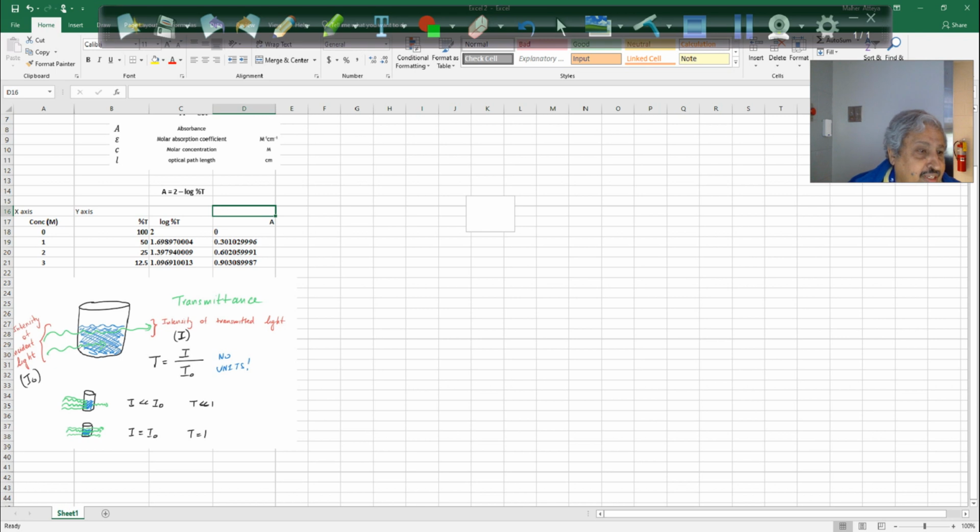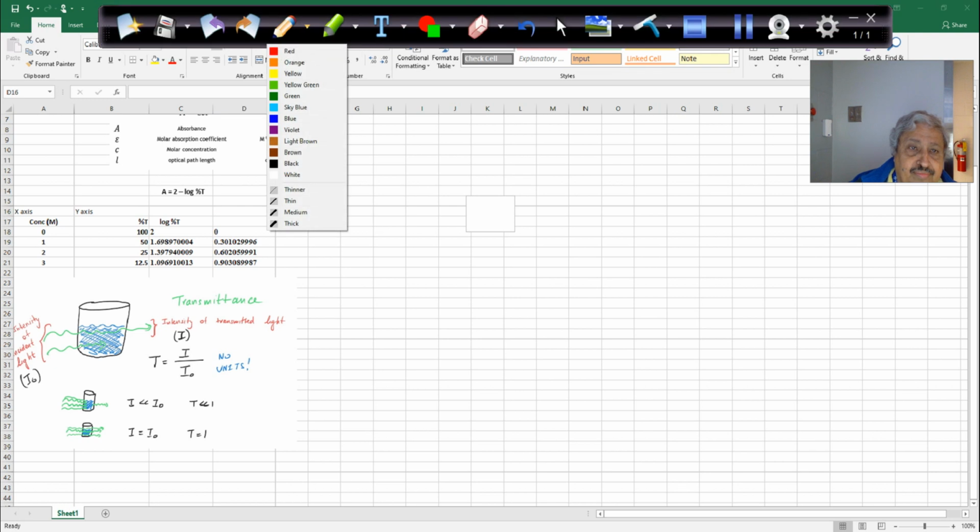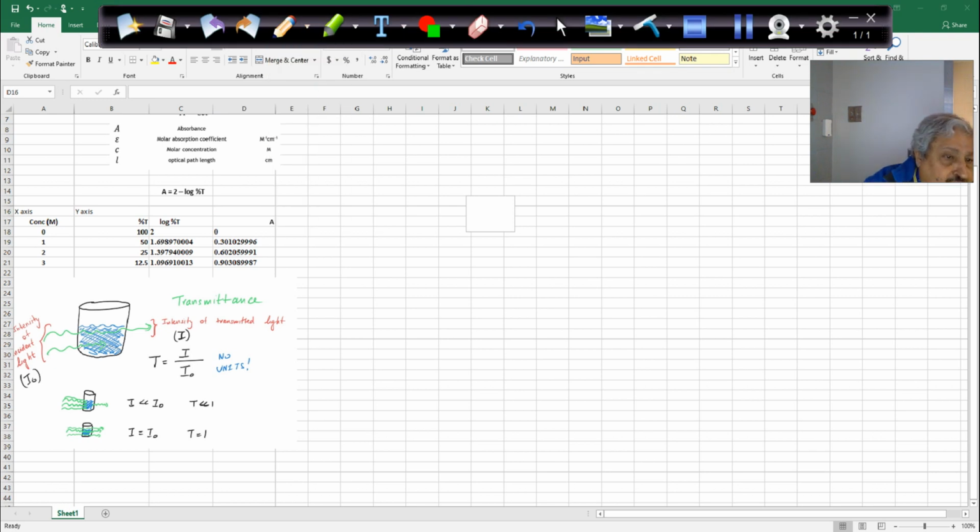So what I will do here, I will highlight those cells, and insert them in a graphical way.